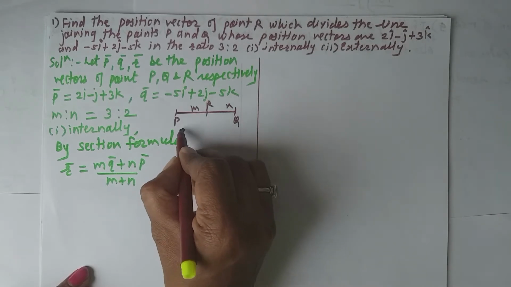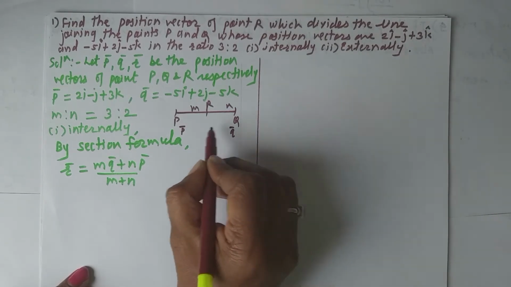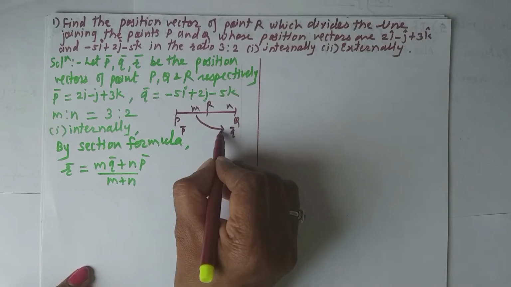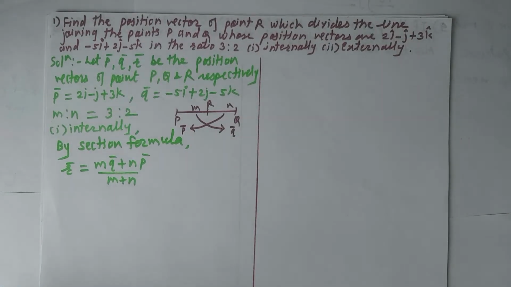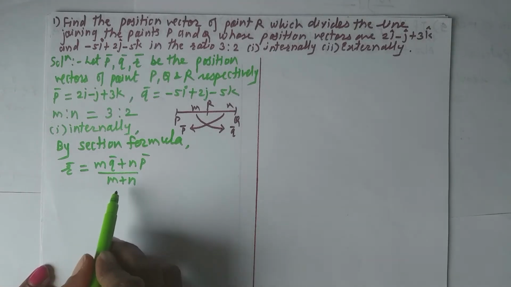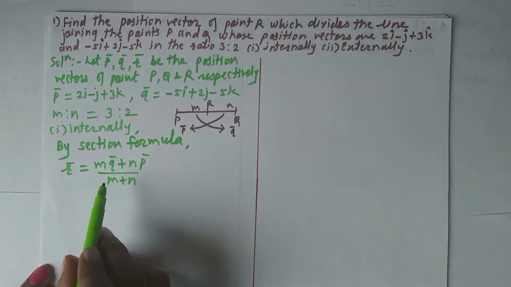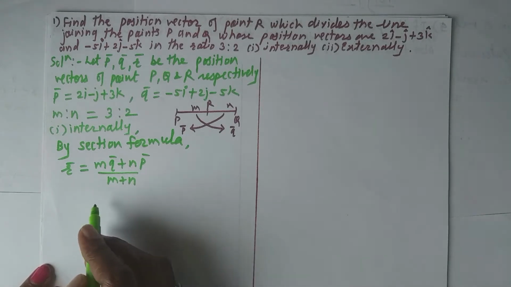If P has position vector P bar and Q has Q bar, then you write m q bar plus n p bar. Then in this formula, put the values of p bar, q bar, m and n and simplify.